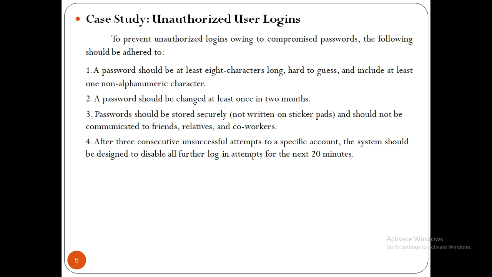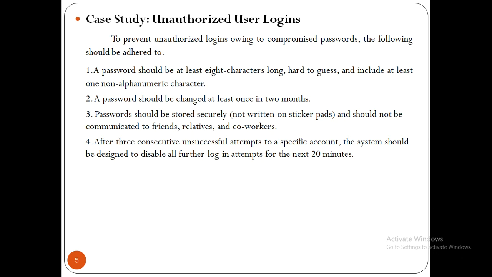Fourth: after 3 consecutive unsuccessful attempts to a specific account, the system should be designed to disable all further login attempts for the next 20 minutes. And this may be different for different applications.